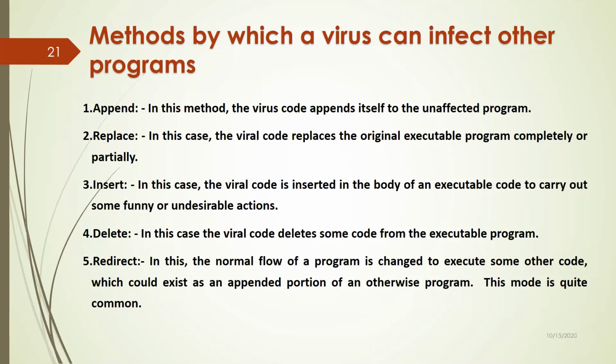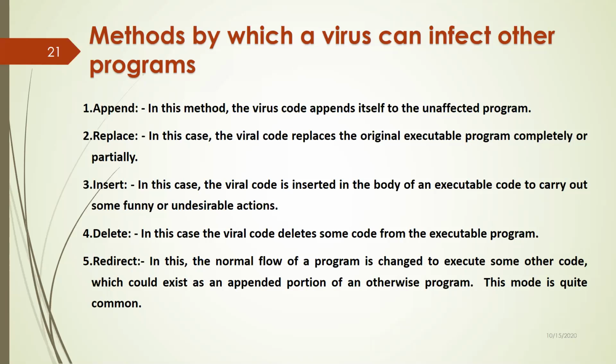This way the content of the file is getting corrupted. And inserting an external code into the file and deleting the entire code, or the entire file will be deleted.